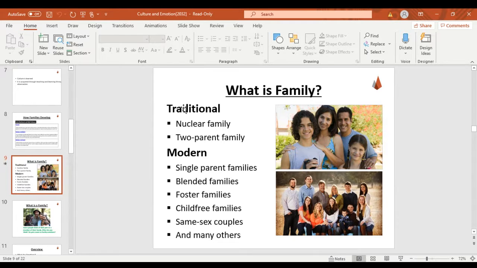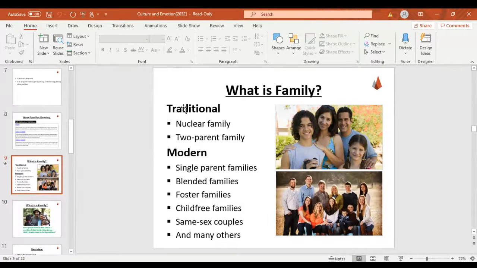So modern families have really taken a forefront in our society. The common thread amongst all family members in the modern family is care, commitment, and close emotional ties with each other, whether or not they're related. It's more so they build their own family.